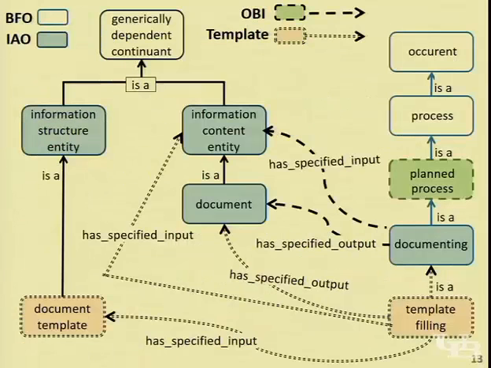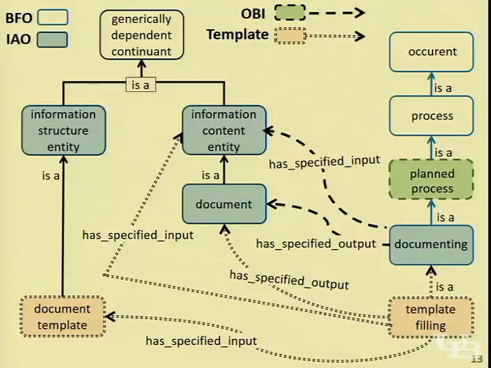So finally, I have the diagram to represent everything that I said here. This definition, document, has a specific input, some information content entity, and the document has a specific output, a document.